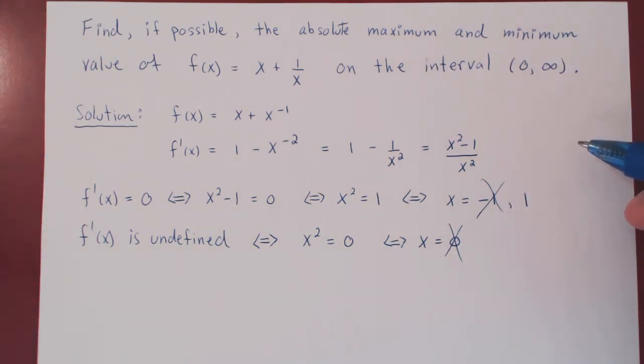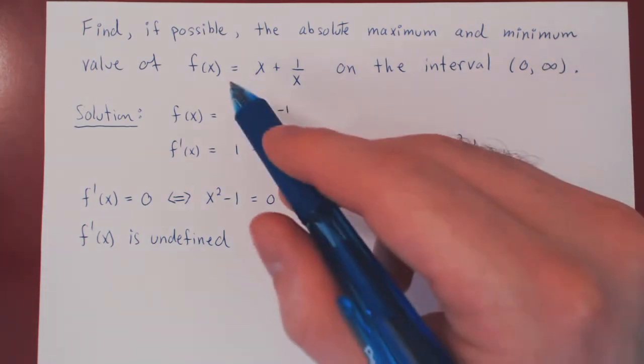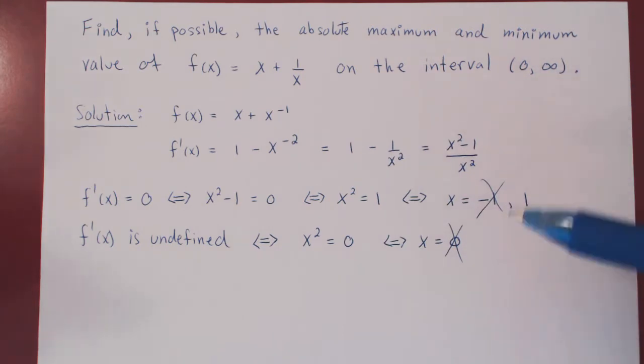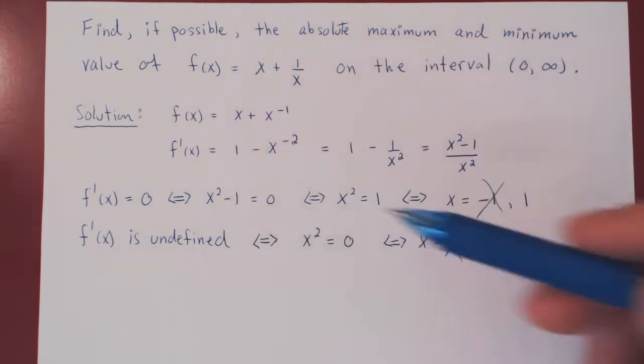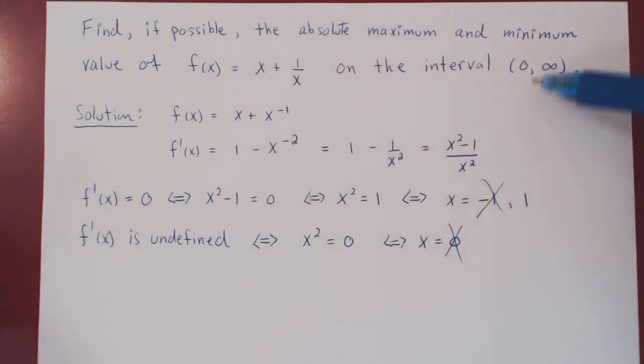But the question now is, where do we go from here? Normally, if the interval was closed and bounded and the function was continuous on the interval, we would construct our table of values, and we'd figure out what is the maximum and minimum value from our table of values. We have no endpoints here, so we can't just do a table of values.